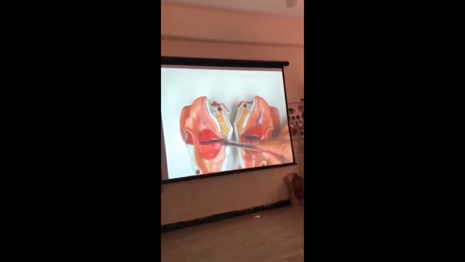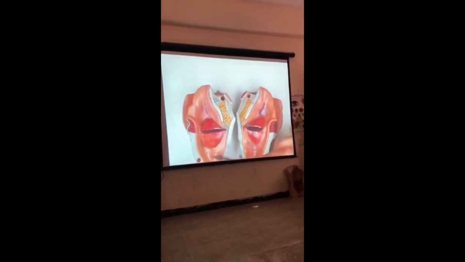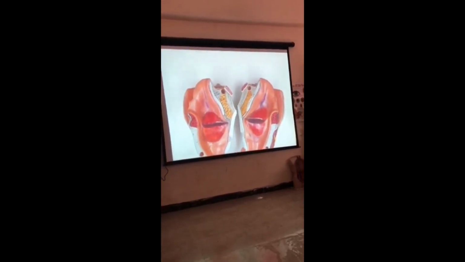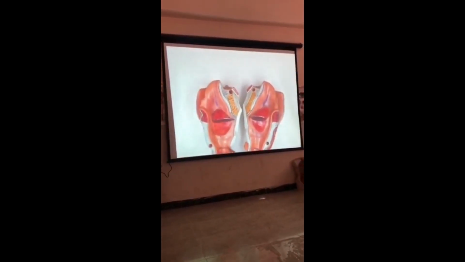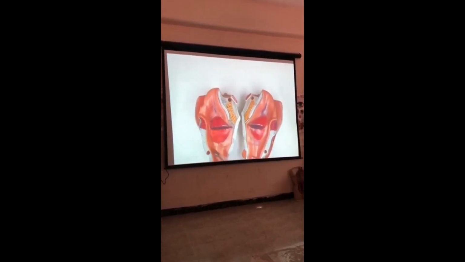Below the vocal cords on each side, down to the level of the lower border of the cricoid cartilage, هذه subglottic region.